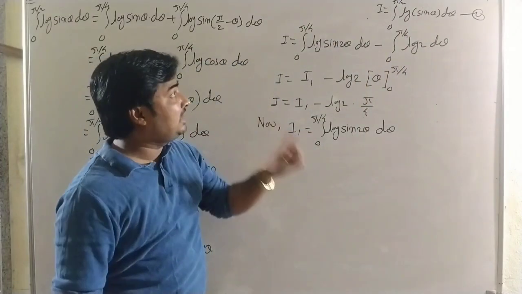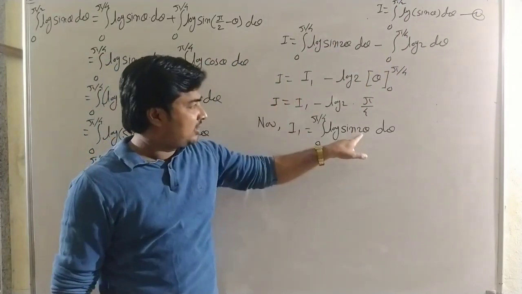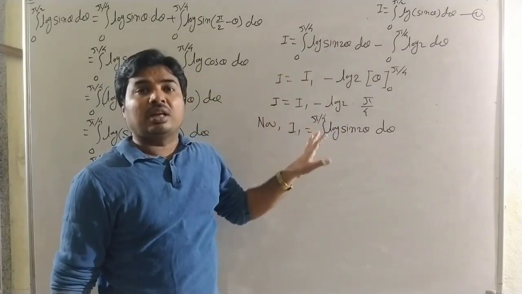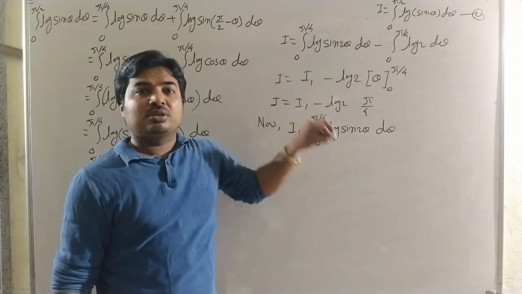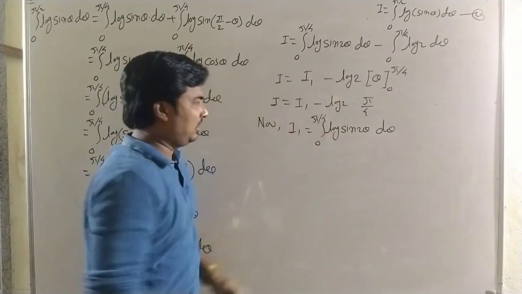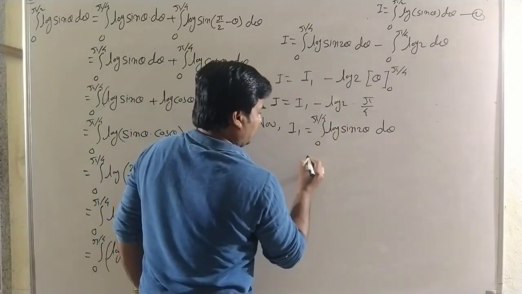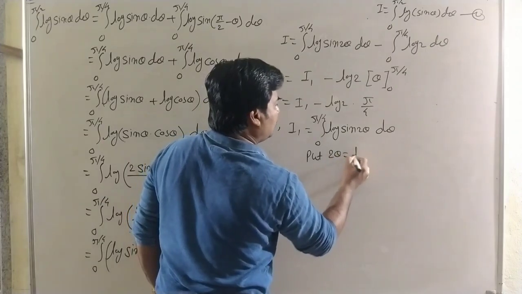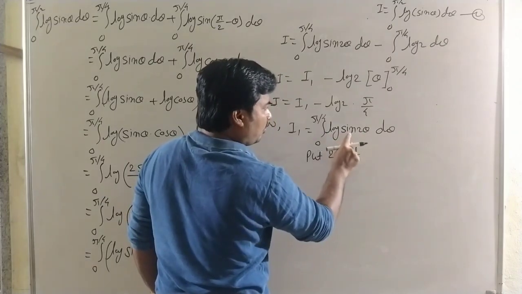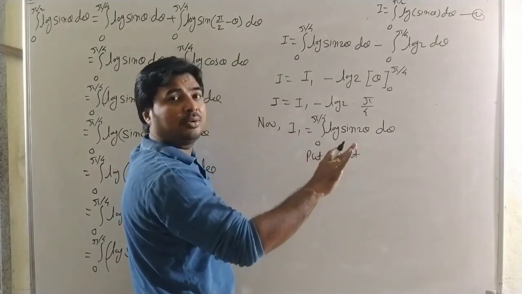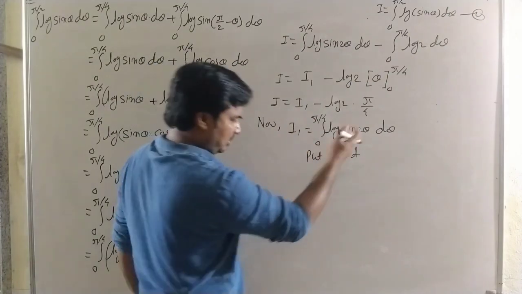Log of sine theta, it is theta only, and here it is 2 theta. That means this 2 theta is replaced by theta. Now here we use the substitution 2 theta is equal to t. For this integral put 2 theta is equal to t. That means here log of sine t, and then change the variable, t replaced by theta after solving.